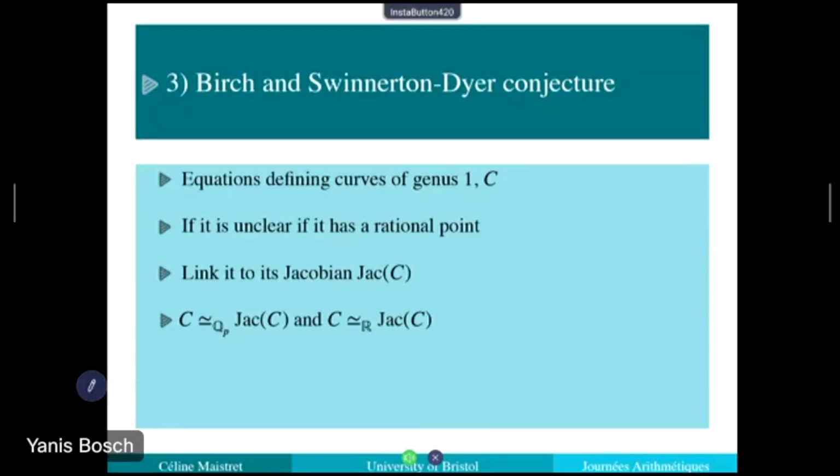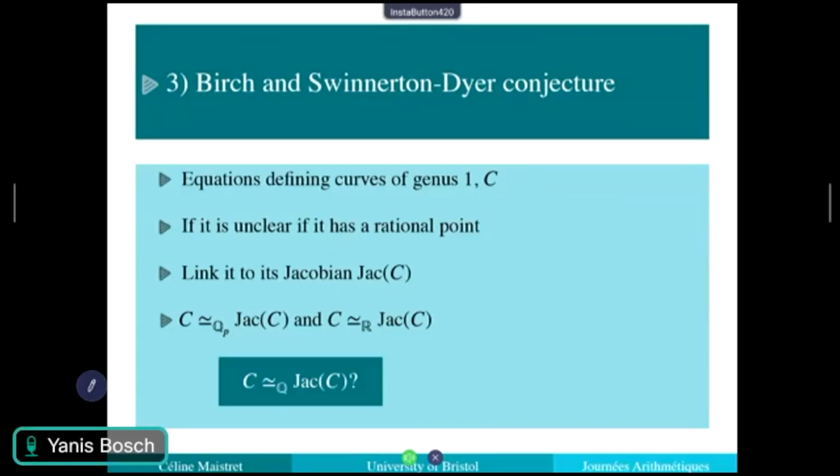And it's also isomorphic over R to its Jacobian. And the question you're asking, if you want to know if your genus 1 curve has a rational point, is whether it is isomorphic over Q to your elliptic curve. Because if it is, then this isomorphism will translate your rational point from the elliptic curve to your genus 1 curve.